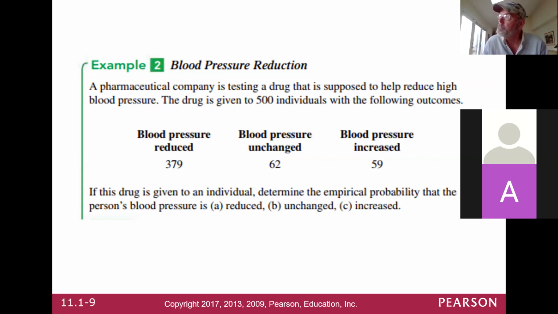You do 379, which is the number of events, divided by 500, and you'll get the percent, and you may convert it to decimal form.